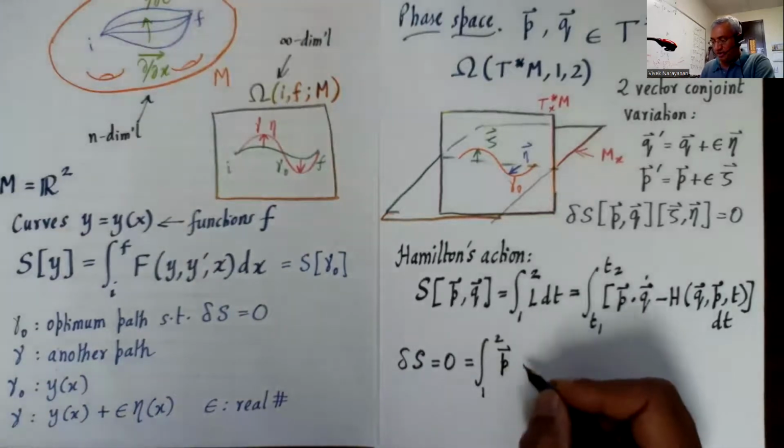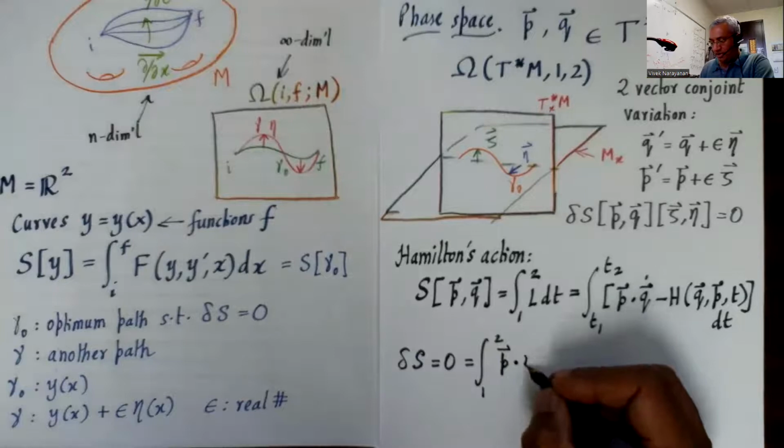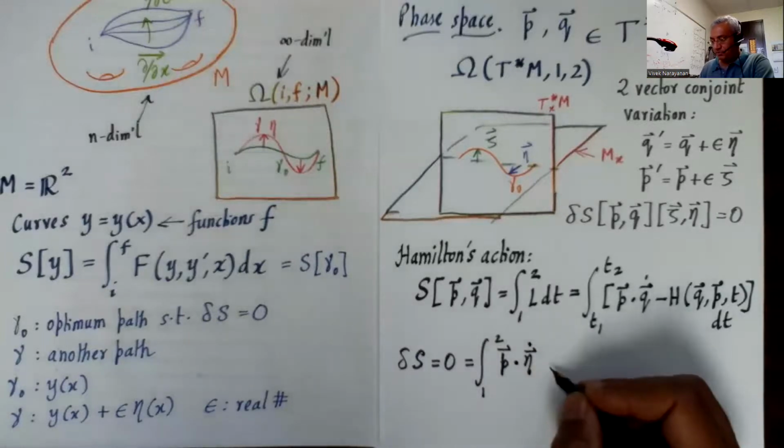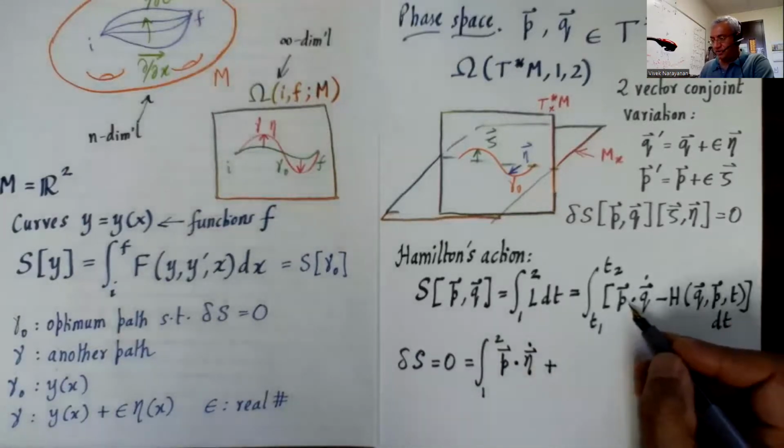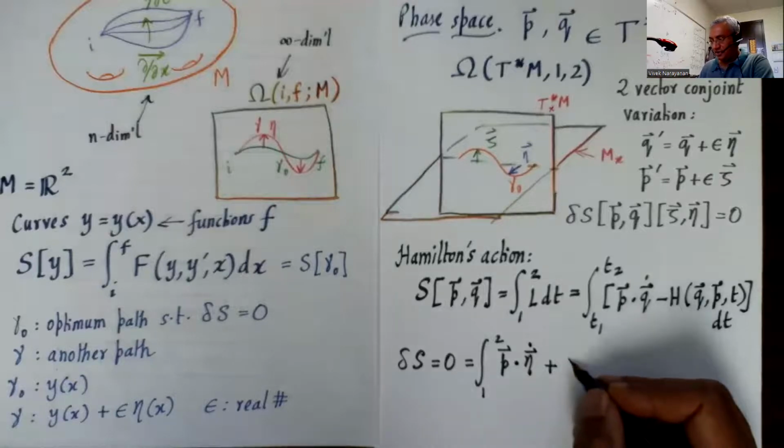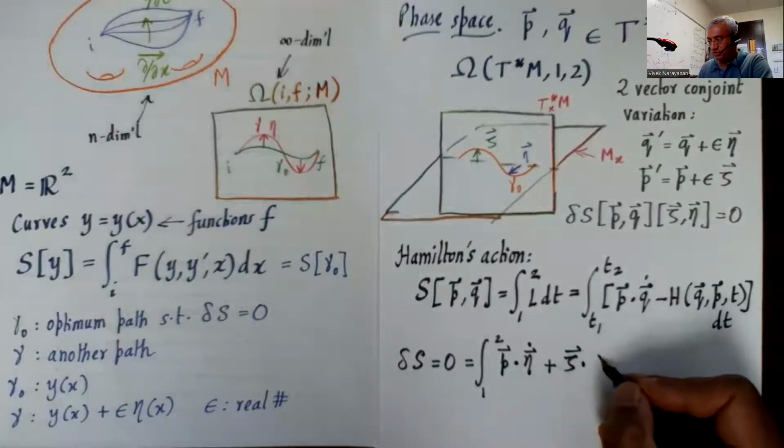So I'm going to get P dotted with eta dot plus, now here, I'll have zeta dotted with Q dot.